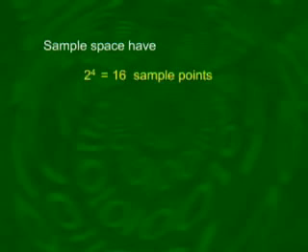Let us apply this law to a simple example. Suppose that we toss a fair coin 4 times, and we are interested in finding the probability that at least one head appears. As you now see on the screen, the sample space for this experiment consists of 2 raised to 4, that is 16 sample points.